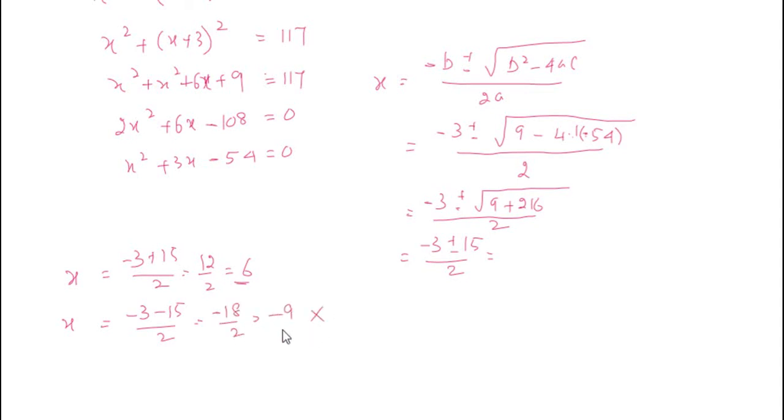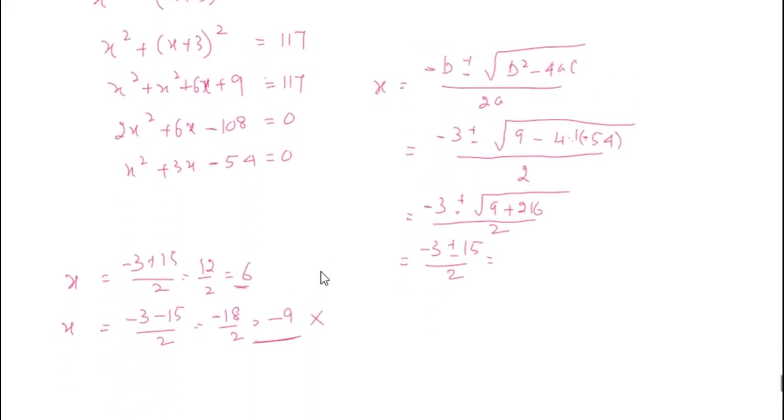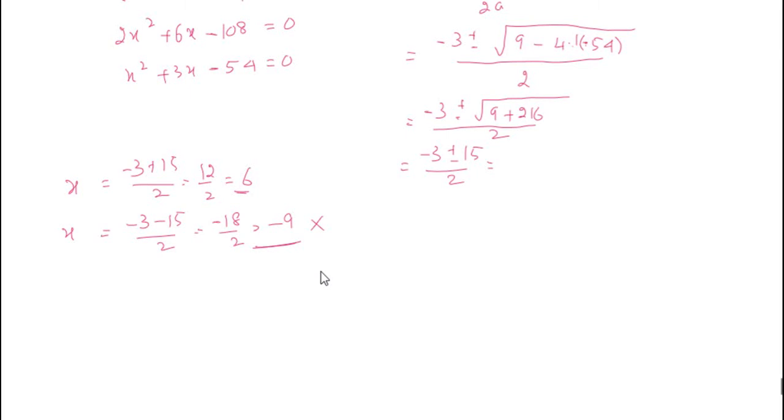This is not possible because the problem says two natural numbers. So minus 9 is not a natural number, it is an integer. So the value of x is 6. Other number is x plus 3, that is 6 plus 3 equal to 9. These are the two numbers, 6 and 9.